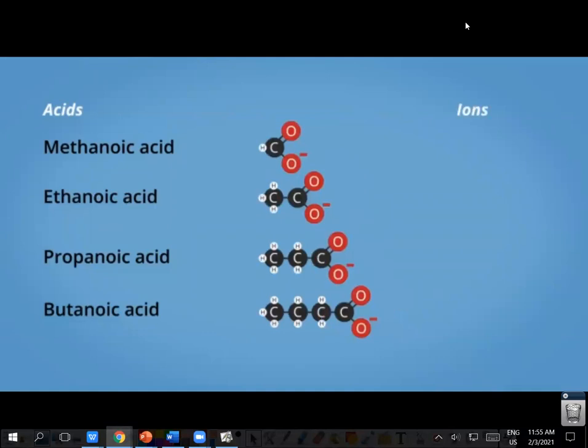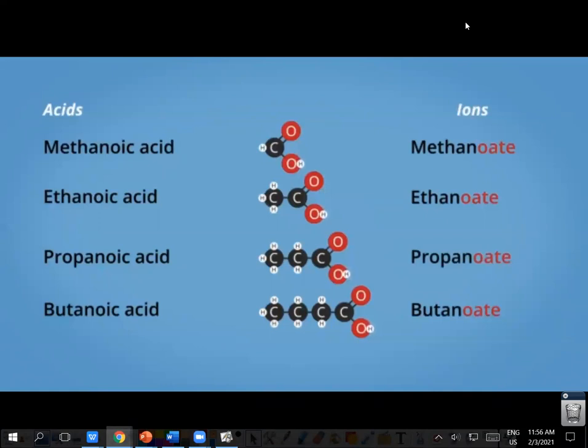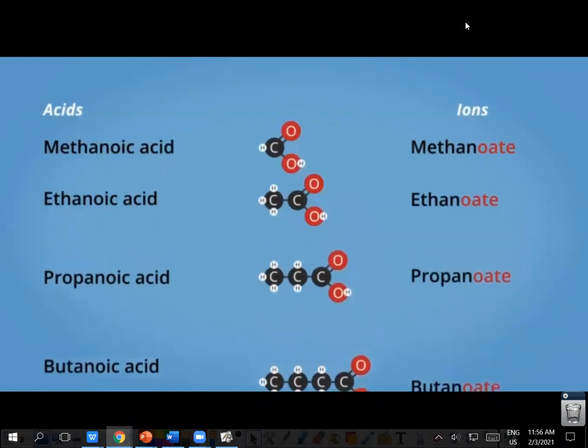The ions have names that begin in the same way, but now their names end in -oate: methanoate, ethanoate, propanoate, and so on. Organic acids are weak acids. That means that most of the time the hydrogen stays with the molecule. The longer the carbon chain, the weaker the acid is.